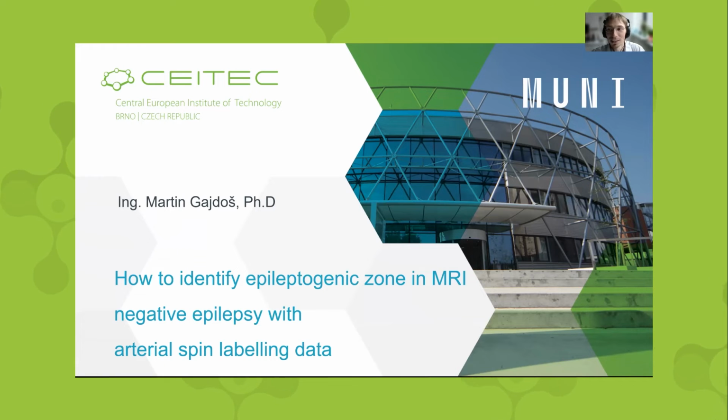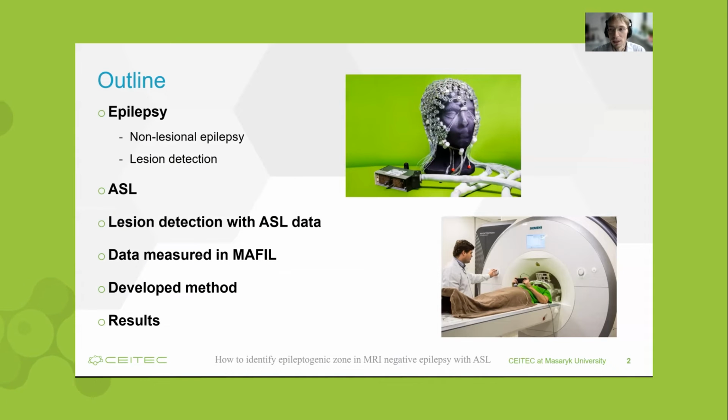So, in the next few minutes, I will talk about epilepsy, about non-lesional epilepsy and arterial spin labeling data and what we measured here in Brno. To introduce myself, I'm a junior researcher in multimodal neuroimaging research group at CEITEC in Brno in Czech Republic.